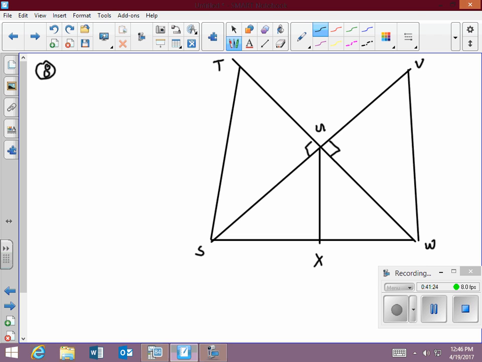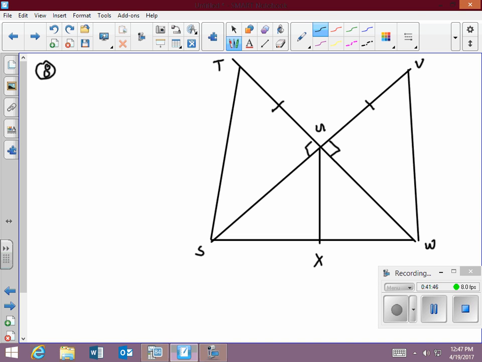Then they're showing this side and this side are congruent. It says UX is the perpendicular bisector of SW.